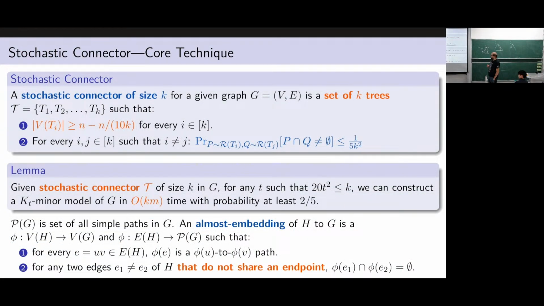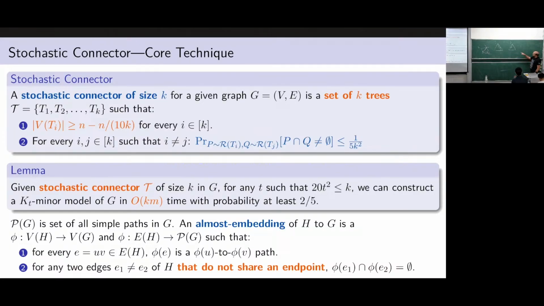I think the second condition is the issue. I mean, it's close. We can replace it by looking at a subdivided graph. The only issue is when you share an endpoint. But you will see where it arises in the proof of how we find it.